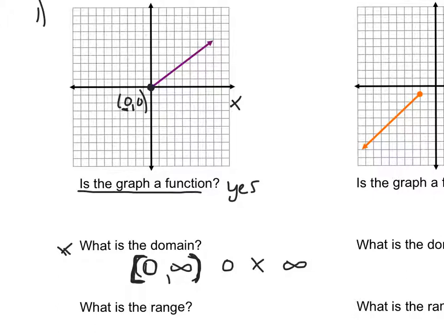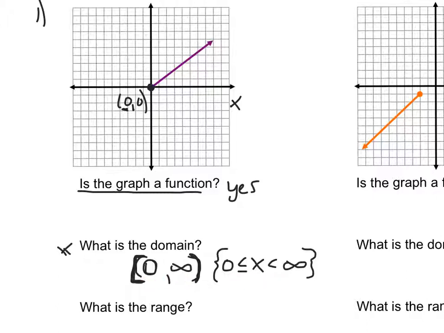So 0 is less than or equal to x, meaning 0 is included, and you would use braces for this. And then x is less than infinity, but not including infinity. Anytime you use infinity, you don't use the line underneath. Both of these are correct ways to write the domain.